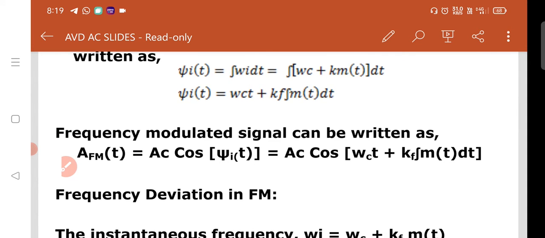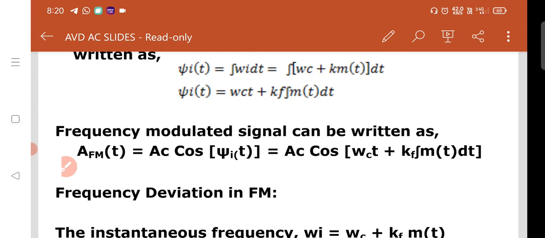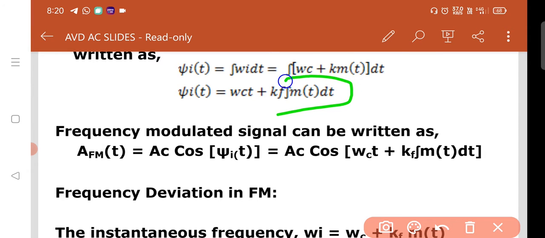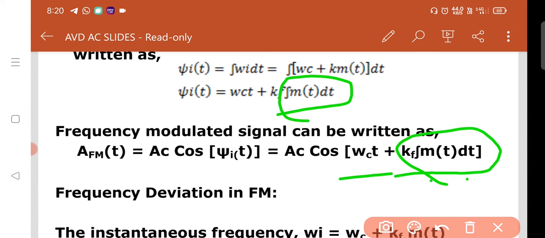This is the integral part, the integral of the message signal, which is further summed with the carrier component.